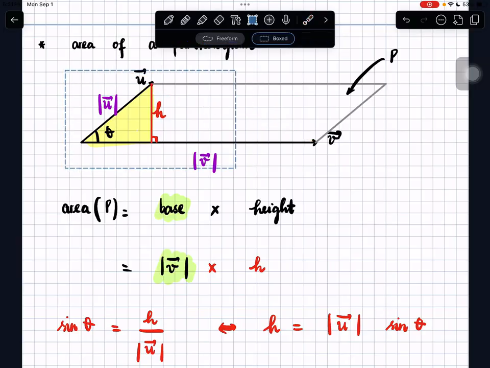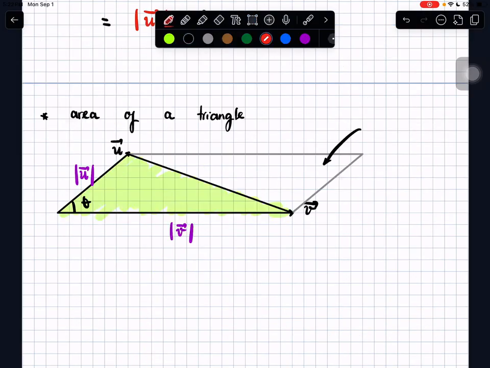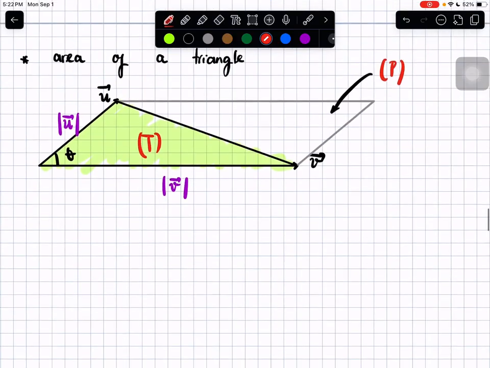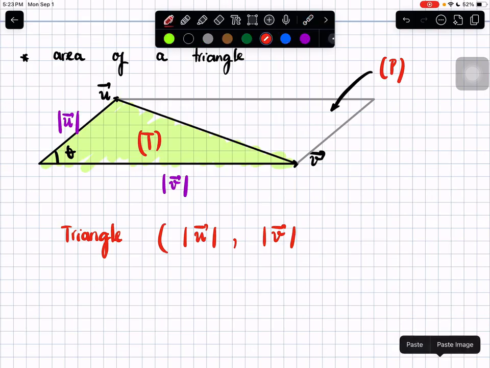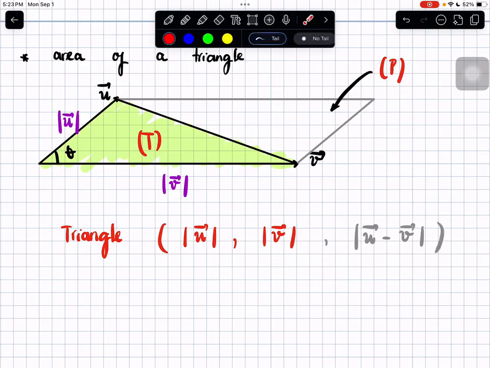Let me copy this picture: triangle T and the parallelogram P. One edge has length of u, the other edge has length of v, and the other one is the diagonal, which is u minus v.